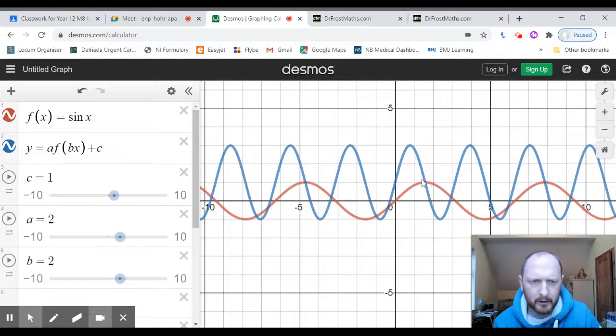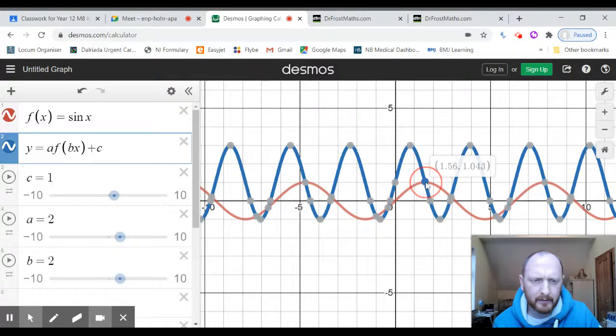This has a height of 1, so whenever we double it, it would go to 2, and then up 1 would go to 3.